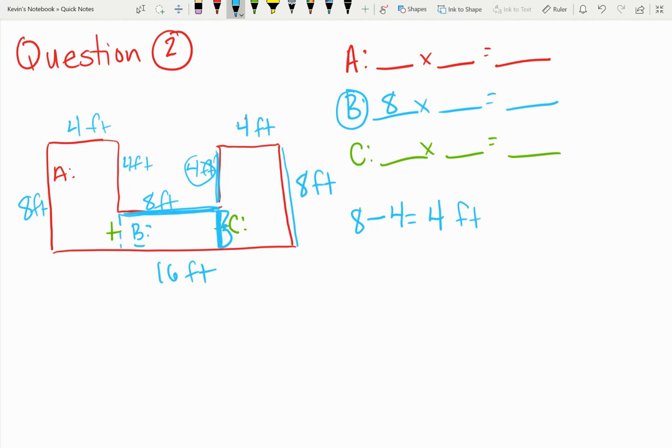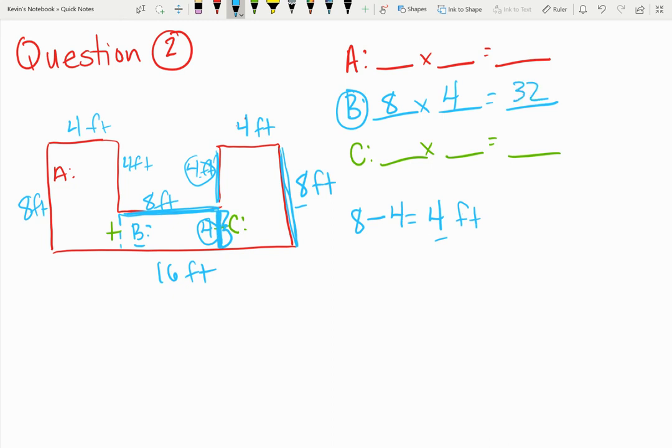So again, we're just trying to find the total. If we take this here, 8, we know 4 plus 4 equals 8. So again, now we just found our dimension is 4. So 8 times 4 is 32.